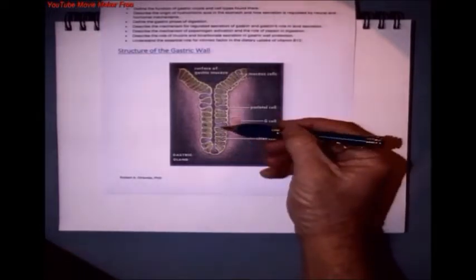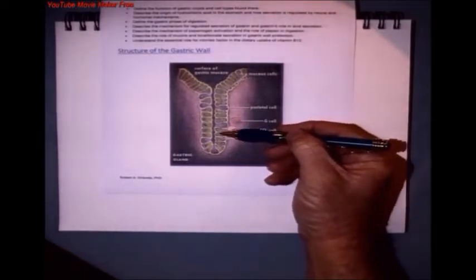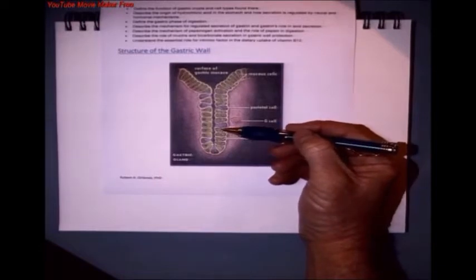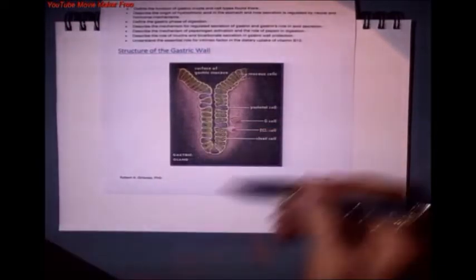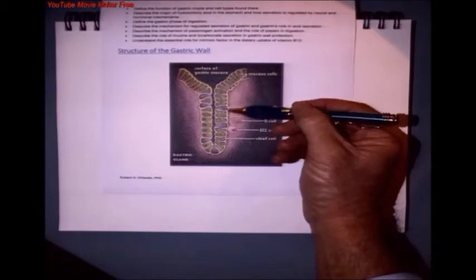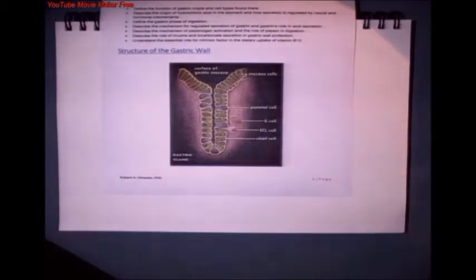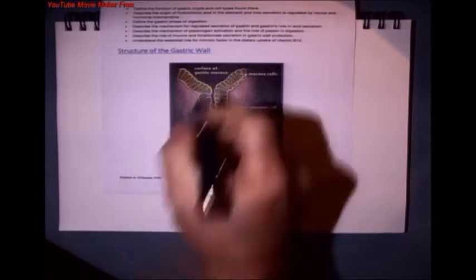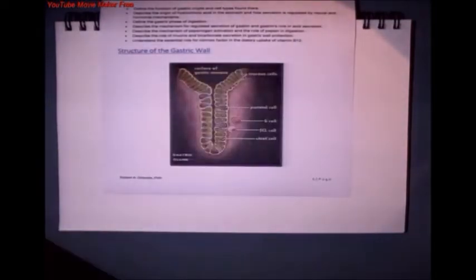We put them down there in the gastric pit because these are very sensitive columnar epithelial cells, and there's very little protection down here against that harsh environment. So you're protecting against the acid, against the chemical digestion going on in the stomach lumen, and against the mechanical damage that can occur.